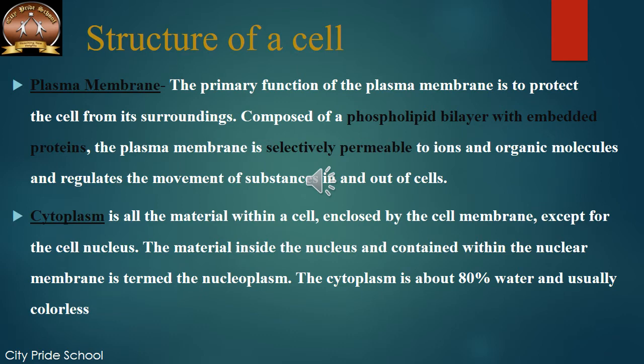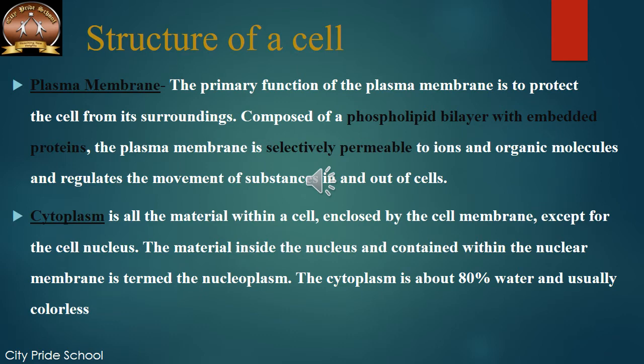Then we come to the cytoplasm, which is the fluid, jelly-like substance present inside the cell. It is enclosed by the membrane, as we discussed just now, except for the cell nucleus. So the cytoplasm is present everywhere inside the membrane outside the nucleus.